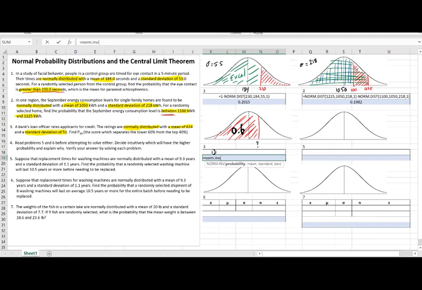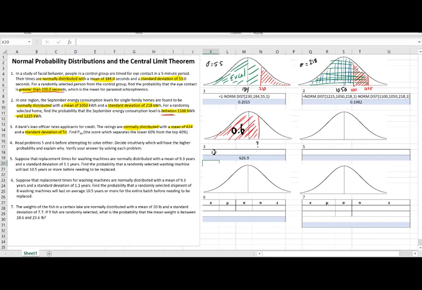So our probability, or our area, is 0.6. The mean is given as 614, the standard deviation is given as 51. This should give us the x value that separates the lower 60%.